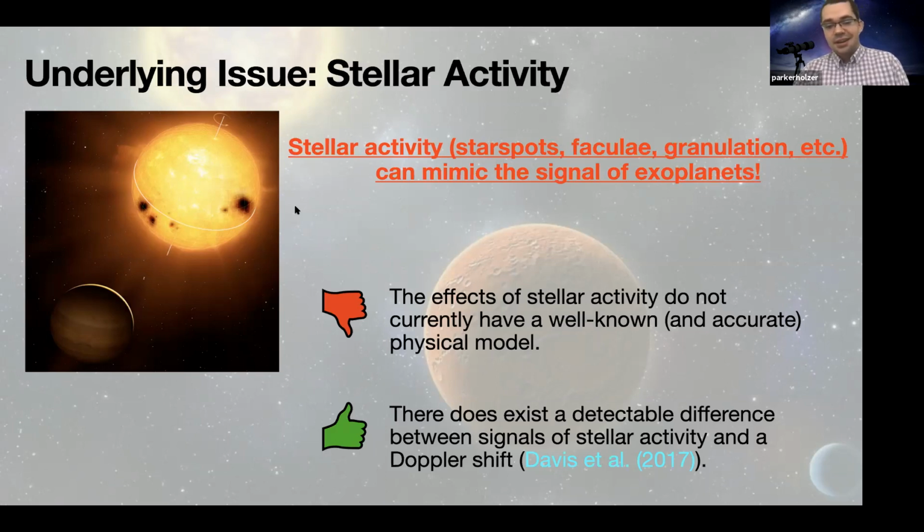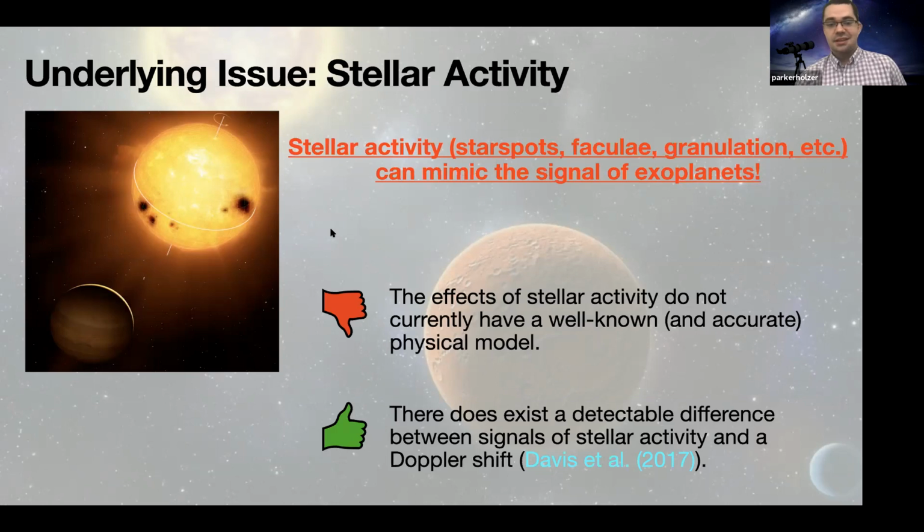So unfortunately, if we're not careful, we might find that some of the exoplanets we think we discover are false positives that, if we observe the star 20 years later, are not reproducible. And so we need to be very careful about this stellar activity signal. And when you get down to the level of Earth-like exoplanets, that becomes very difficult to do.